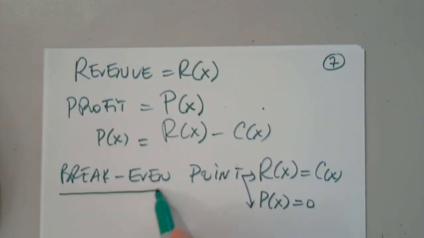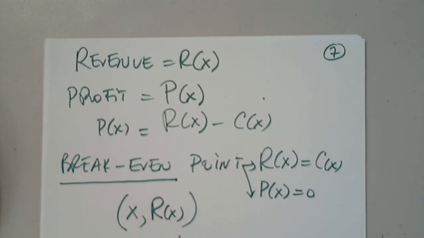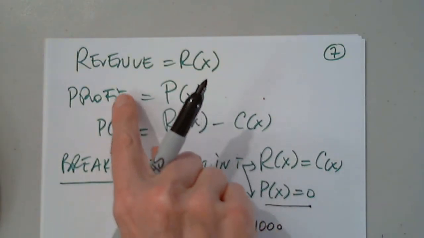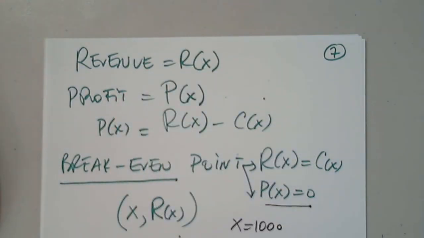So the break-even point is x comma revenue of that x. Yes, any questions? Go ahead. So if I say that x equals 1,000 for the break-even point for the profit to be 0, then this ordered pair will be 1,000 and the revenue at 1,000. And this is the break-even point.